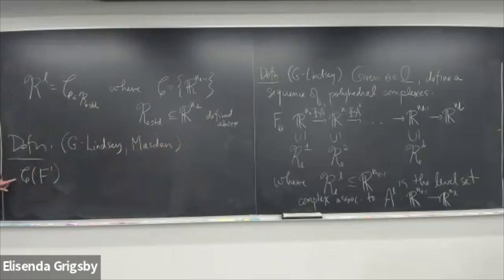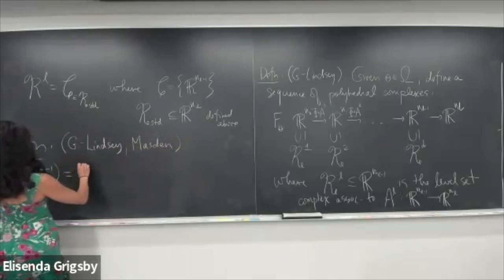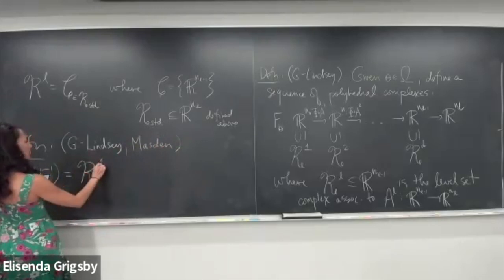The point is that you're going to define a polyhedral complex for any depth network. If you have a depth 1 network, it's just what I described, this is just R1.